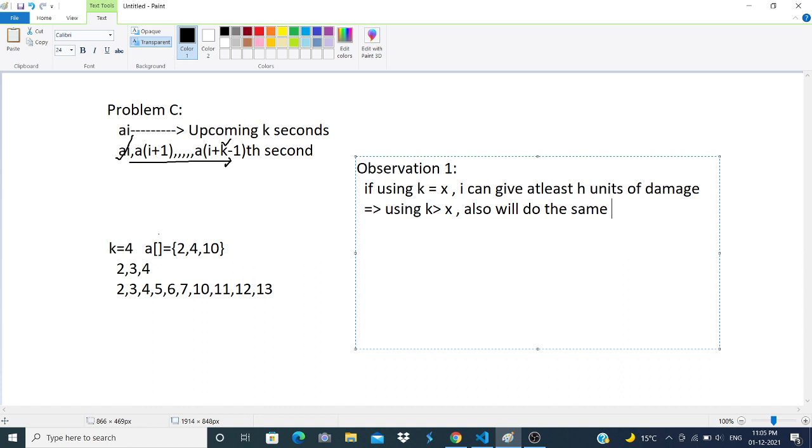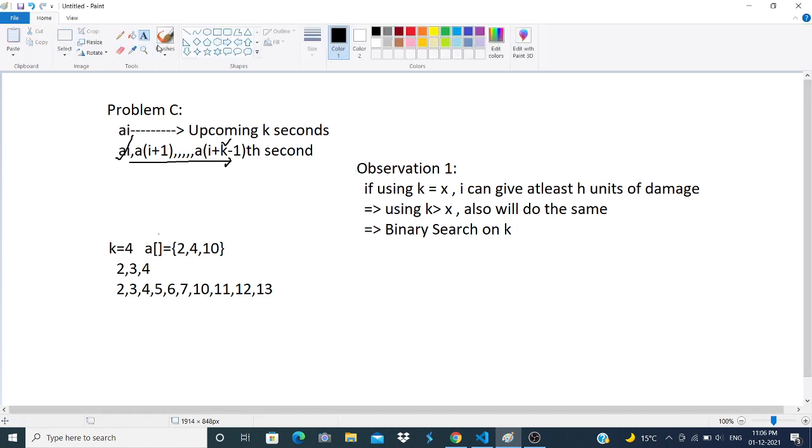So this suggests that we can actually use binary search, because this is the important criterion of binary search. We can just do binary search on k. This was the overall idea of the problem. Basically, we will just do binary search on k.